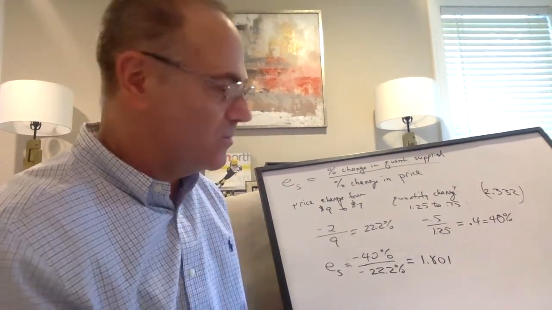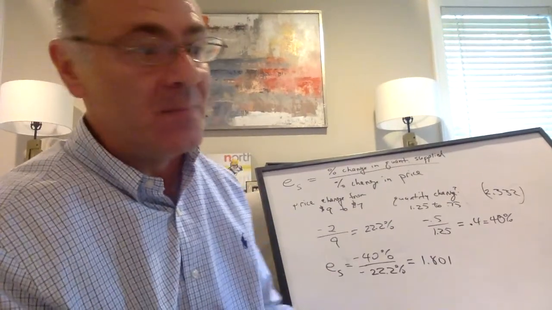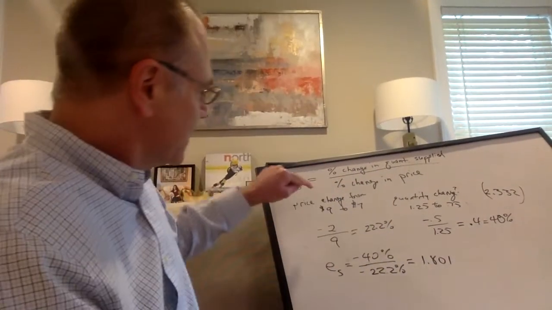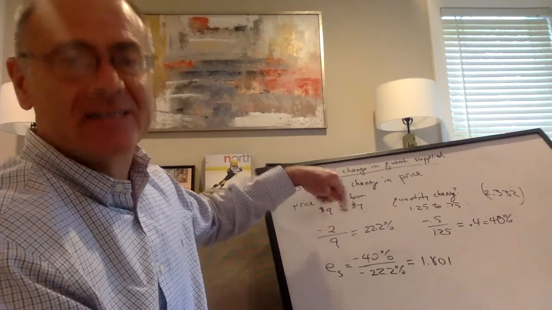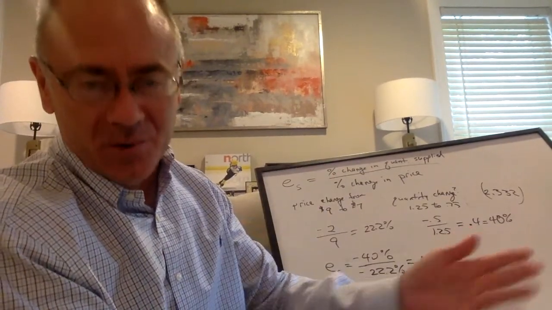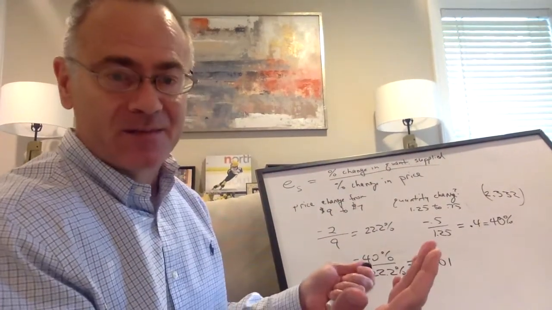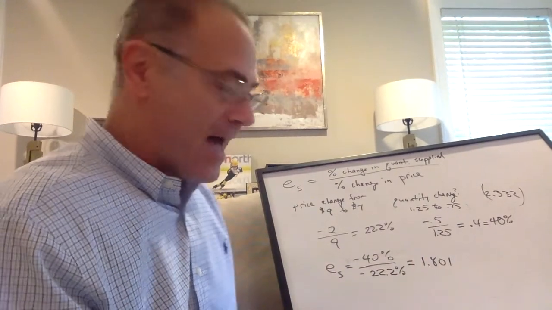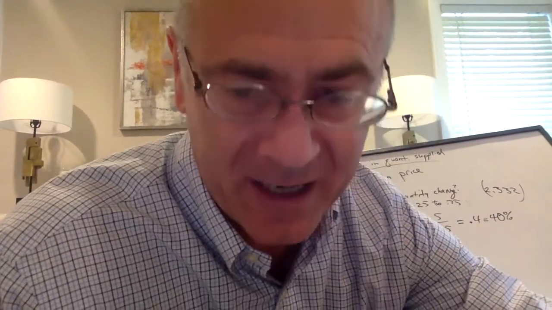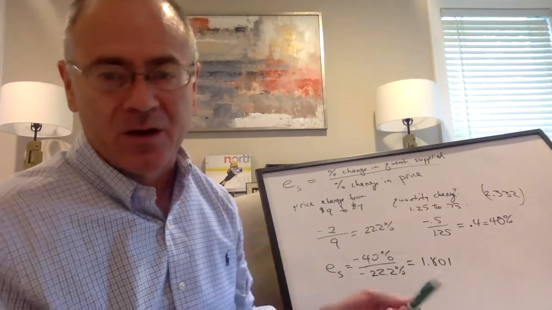In other books, they call it the midpoint method. So instead of using 7 or 9 as the base, let's use the middle of those two numbers, the average, and that is 8.